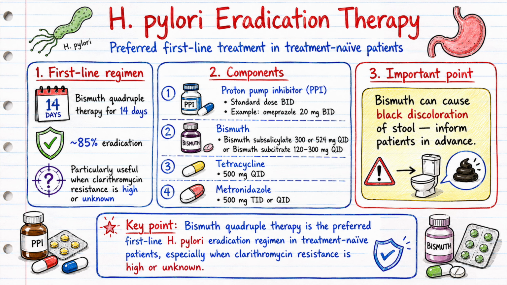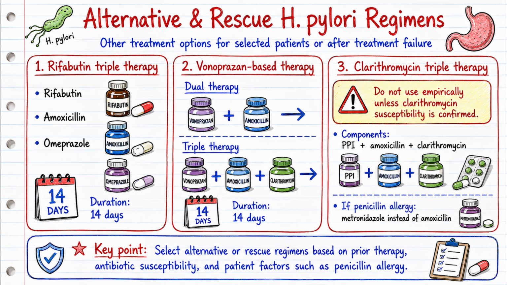If standard first-line therapy cannot be used or treatment fails, alternative and rescue regimens are available. These may include rifabutin-based triple therapy or vonoprazan-based treatment. Vonoprazan is a potassium-competitive acid blocker that provides potent acid suppression and may be combined with amoxicillin, with or without another antibiotic depending on the regimen.